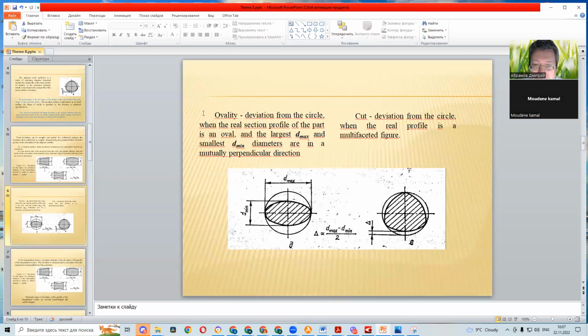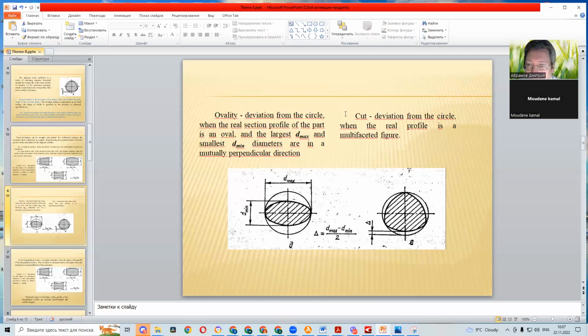Ovality is deviation from the circle when the real section profile of the part is an oval. The largest diameter D maximum and smallest diameter D minimum are in mutually perpendicular directions. One direction and second direction are mutually perpendicular.